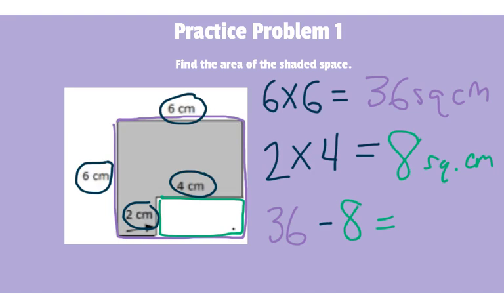And if I count backwards, well, I know 36 minus 6 would be 30. And then minus another 2 more to make a full 8 that I subtracted would be 28. And it would still be square centimeters because I'm talking about the area of the gray section.